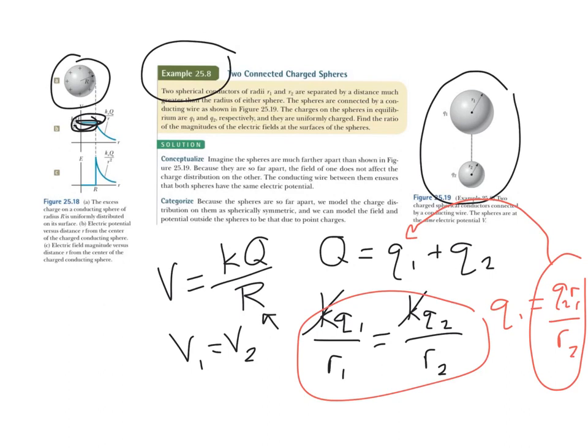Work out what Q2 is as a fraction of the original charge, and now you're able to determine the charge on each of the two spheres, and if you like, the potential that they each go to. So anytime it's a question with conducting spheres coming in contact like that, you say it's now one equipotential surface. They go to the same number of volts, and that's when charge stops being transferred.